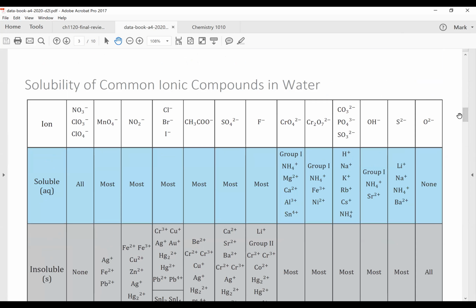Most compounds that are bonded to iodine are soluble, except for these: chromium, copper, silver, gold, mercury, etc. But aluminum isn't there. So that's all good. I go back to my notes. I know it's a lot of switching back and forth, but there's really nothing I can do here.